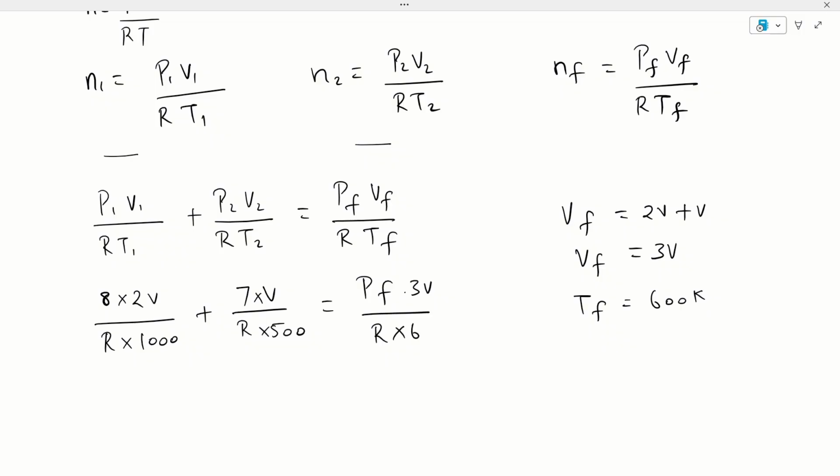So substitute that here. Then simplify the equations. 3 by 600 will become 1 by 200 here. 2000 gives 500 after simplification.